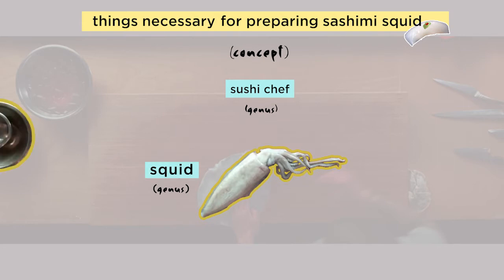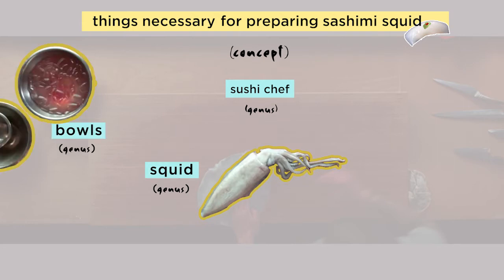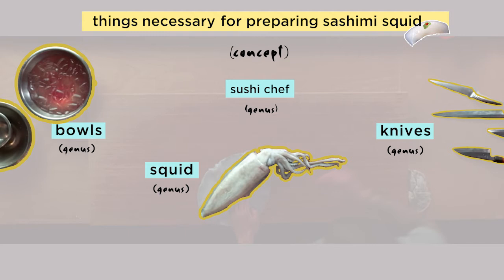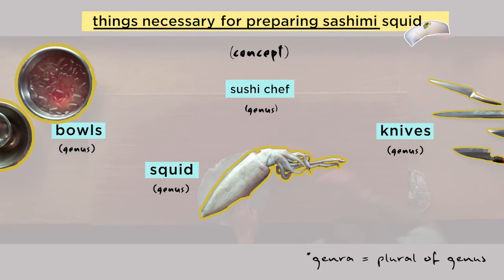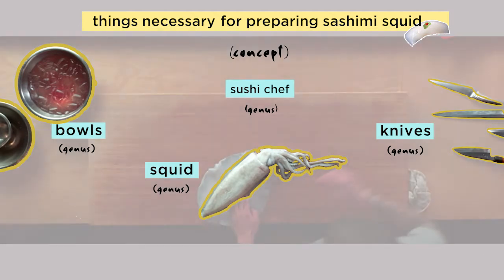Let's make that the concept. The chef would be at the level of genus. Next to it may be the squid, the bowls including one for the ice bath, the cutting board, and the knives. The relationship between all of these genera seems pretty consistent in that they are all things that you need to prepare sashimi squid.